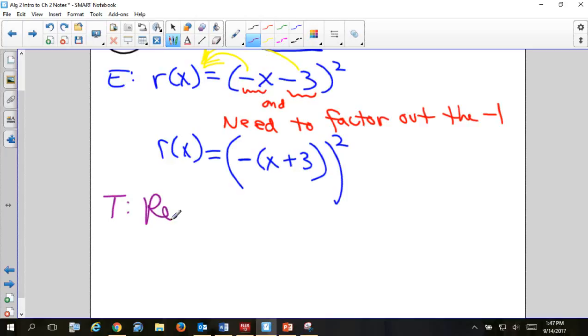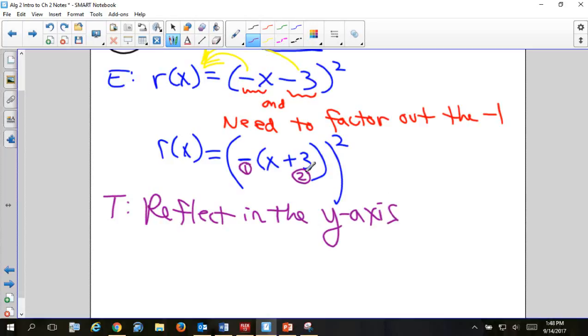It's reflect in the y-axis. And then our second transformation, still inside the squared. Translate three units left.